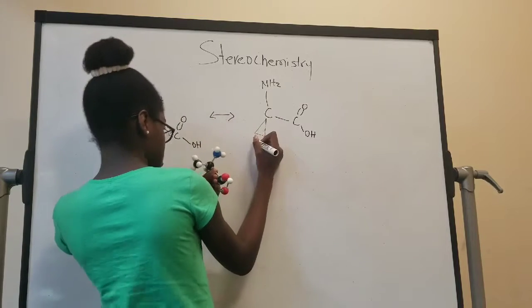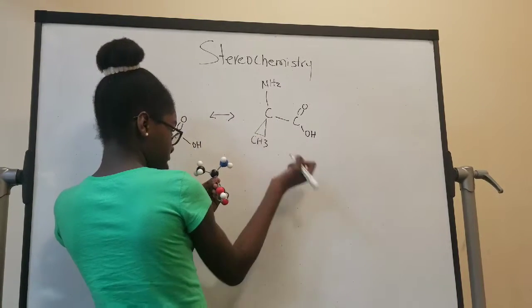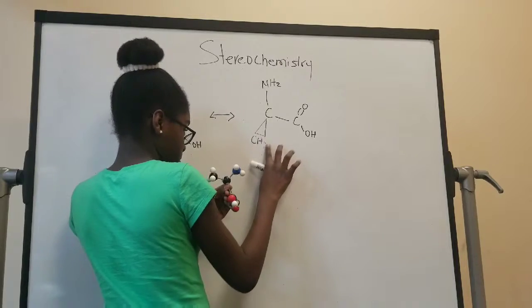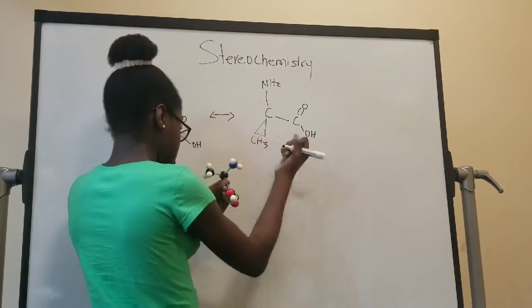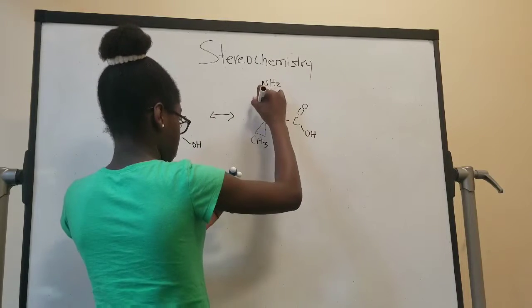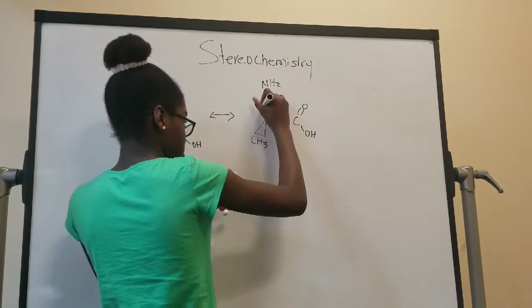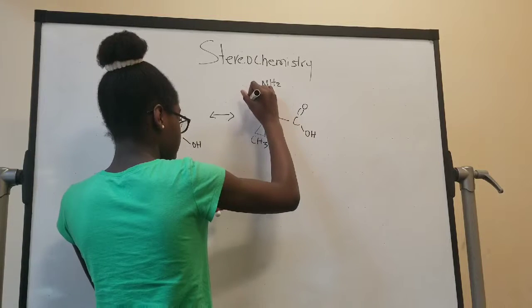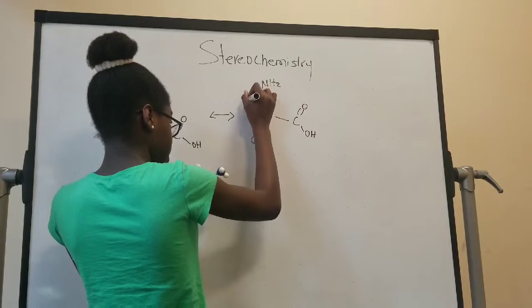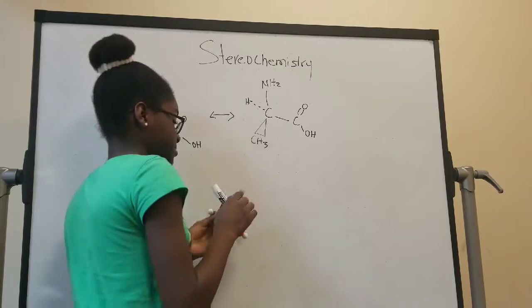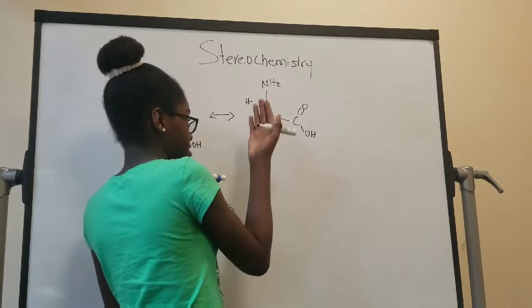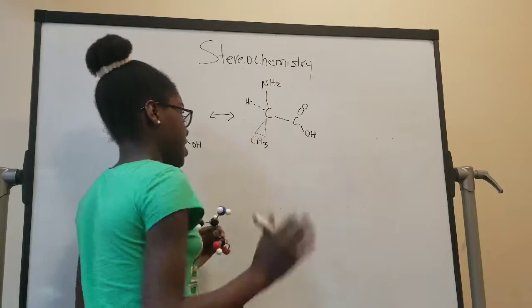So it becomes this. Whenever you see a wedge, you automatically infer that it is right in front. While the hydrogen that's behind it will be represented by a dotted line. This is because it's right behind it. So when you see a dotted line, you can infer that it's right behind it.